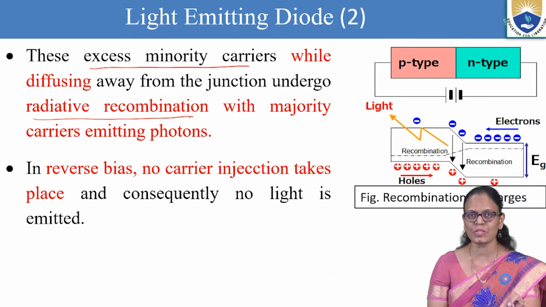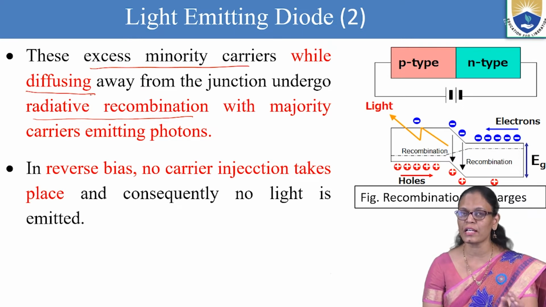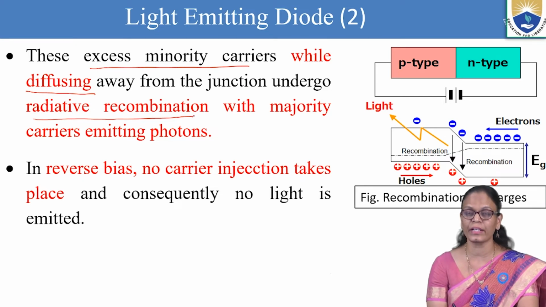Now these excess minority carriers, while diffusing away from the junction, undergo radiative recombination. Two terms you need to understand here. The first one is diffusion. Diffusion is the movement of charge carriers from higher concentration to lower concentration. While the excess minority carriers diffuse away from the junction, they recombine with the majority carriers.